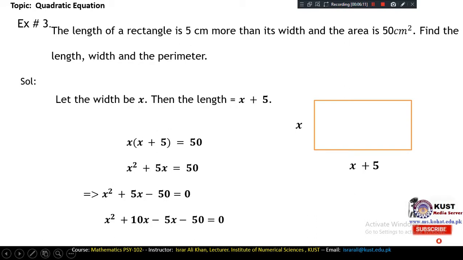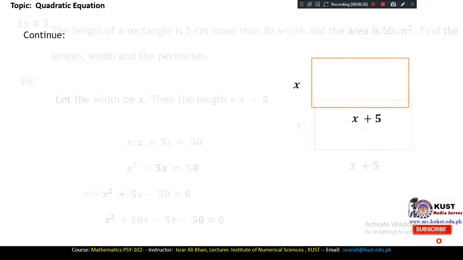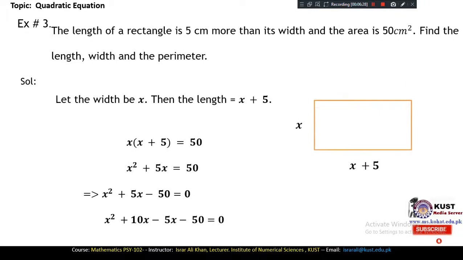We have a rectangle, the length of this rectangle is 5 cm more than its width, and its area is given as 50 cm square. All we have to do is to find the length, width, and the perimeter of this rectangle.